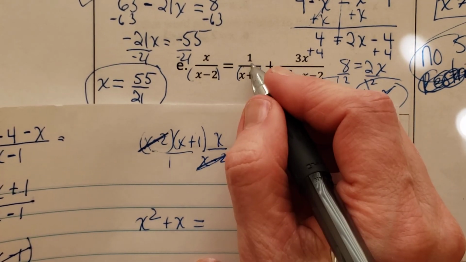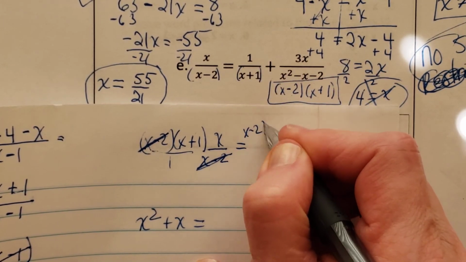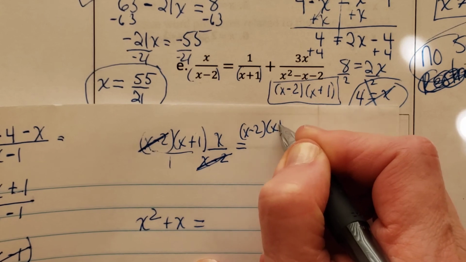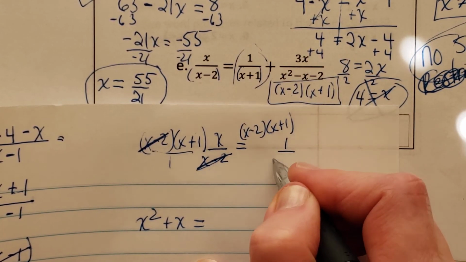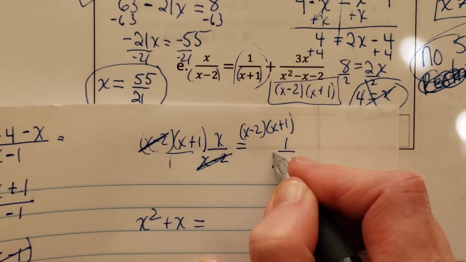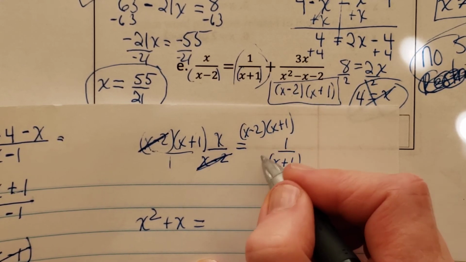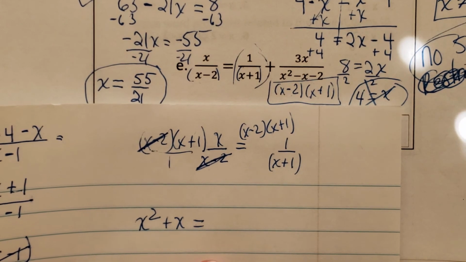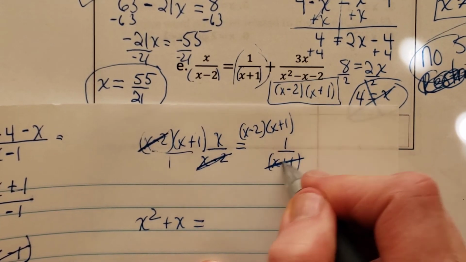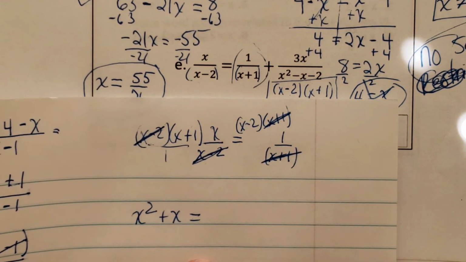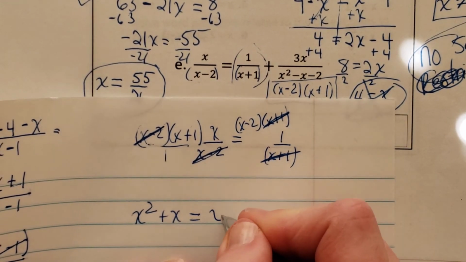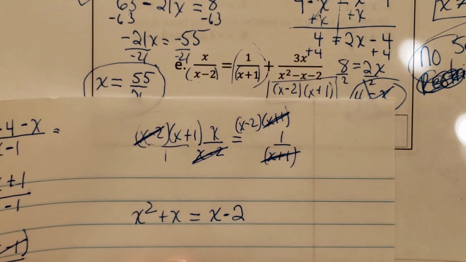All right, so now we take our common factor and we multiply it by this term, 1 over x plus 1. Well, if this was over 1 and it was right beside each other, I'm running out of room, so I had to squish it up here. Well, these cancel each other out, right? So what do we have left? We have 1 times x minus 2, which is x minus 2.